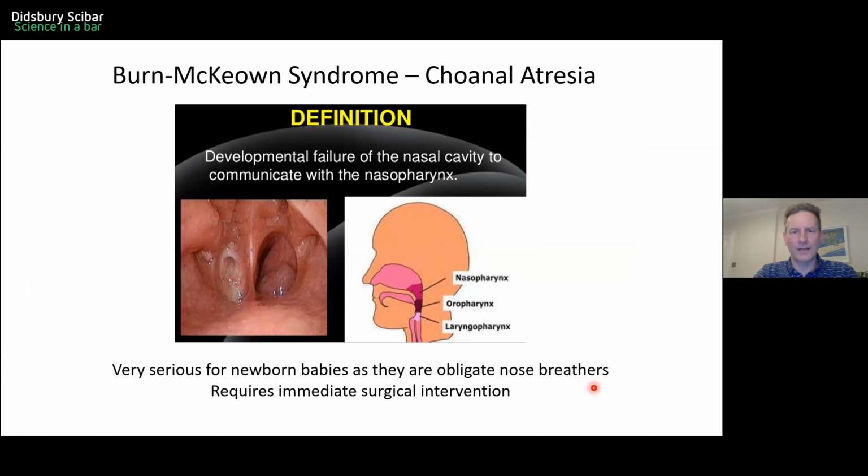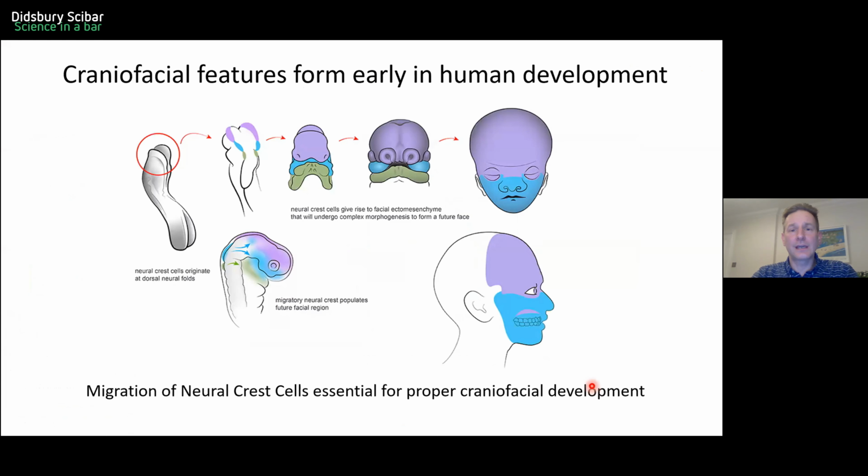Okay, great. So that was cranial atresia. The thing about these craniofacial disorders is that the craniofacial features form early in human development. You can see here the development of the head and the face in humans. There are certain cells called neural crest cells that start in the early embryo, and they migrate to certain positions. They already have their fate.